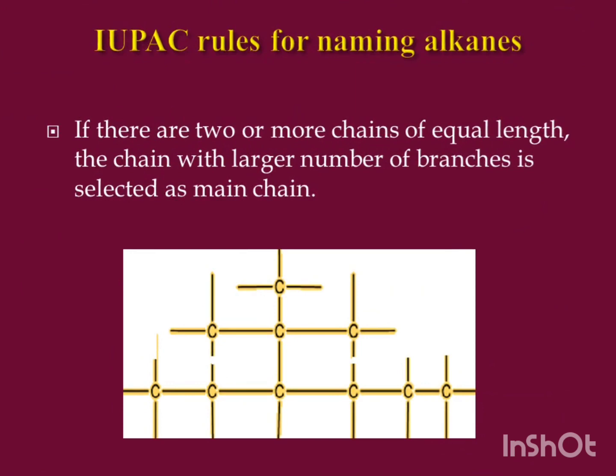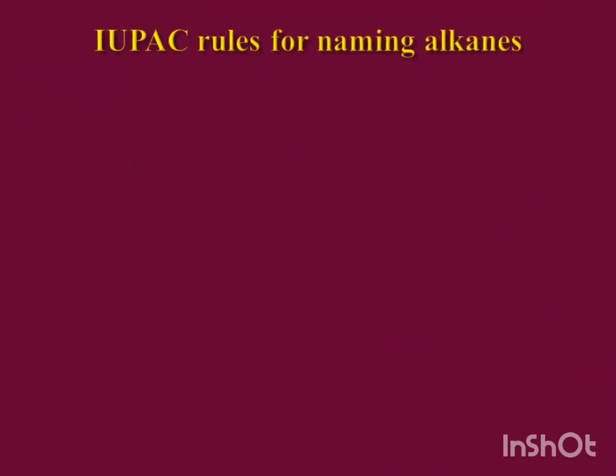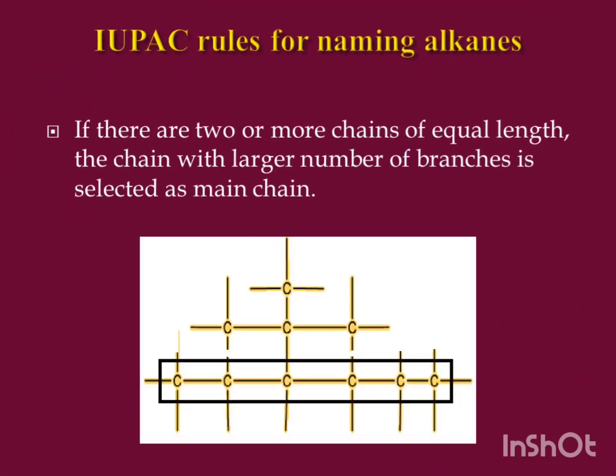Whereas if we consider this as our main chain, then you will see that there are 3 branches for this main chain: 1, 2, and 3. So we will select this as our parent chain instead of this molecule, which will give a single branch. So this is incorrect.